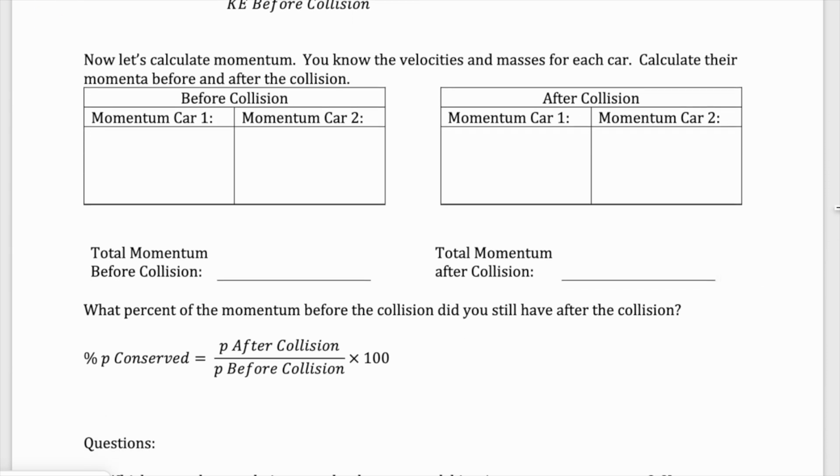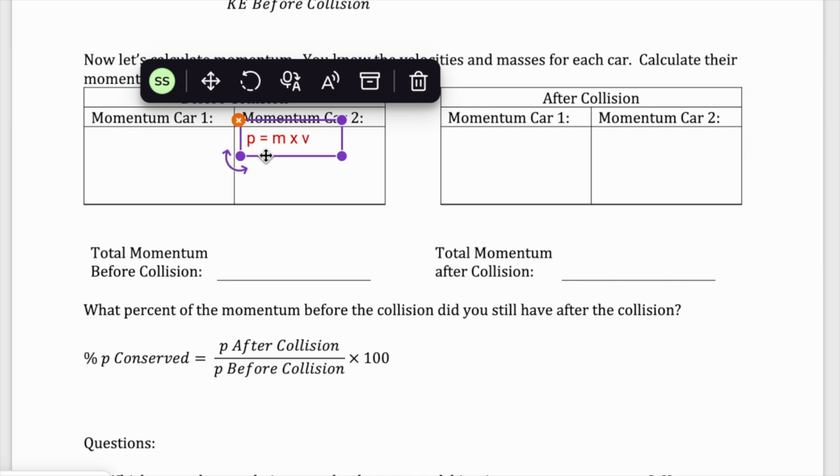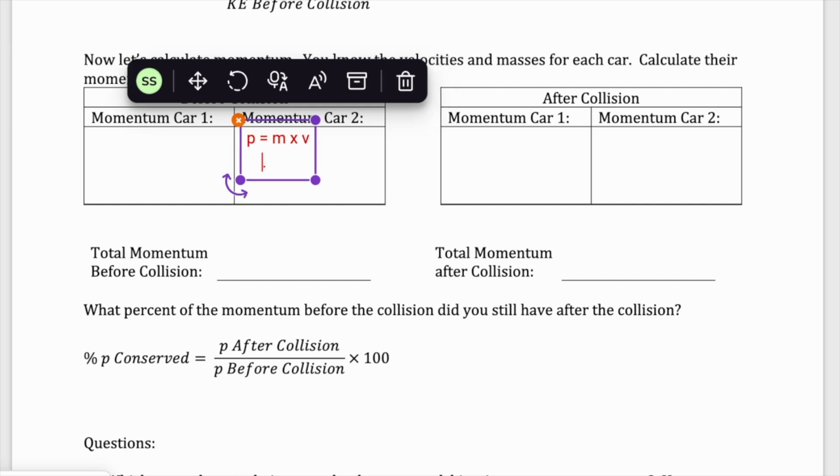Now, in this next section, you're going to be calculating momentum. And I would like you to remember that momentum, which has the symbol P, is equal to m times v, mass times velocity. For our small car here, that was equal to 0.0299 kilograms times its velocity, which was 0 meters per second, before the collision.